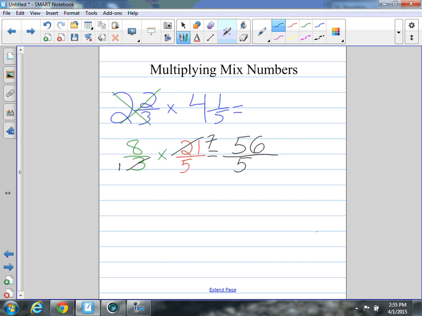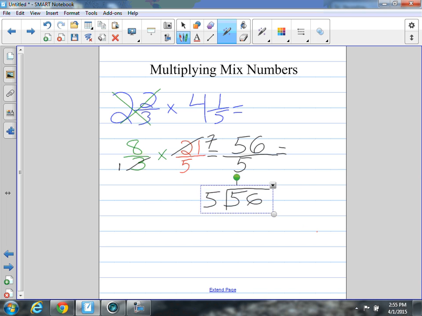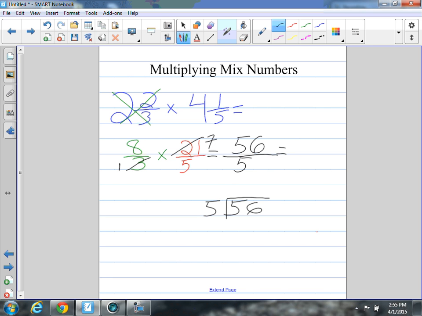Now I have to go from improper to mixed, which we know how to do. It's only doing long division. Showing my work. 56 divided by 5. I actually want to move all that down just a little. 5 divided by 5 is 1 times 5. 5 minus 5.